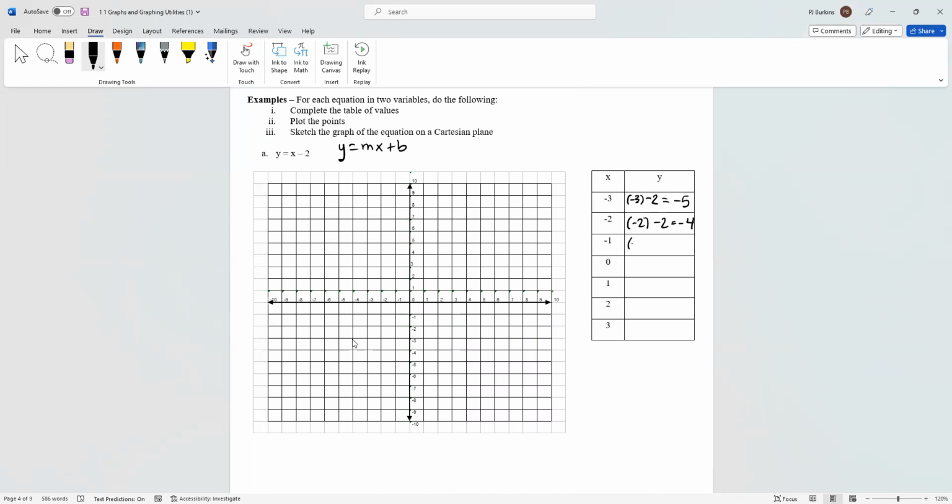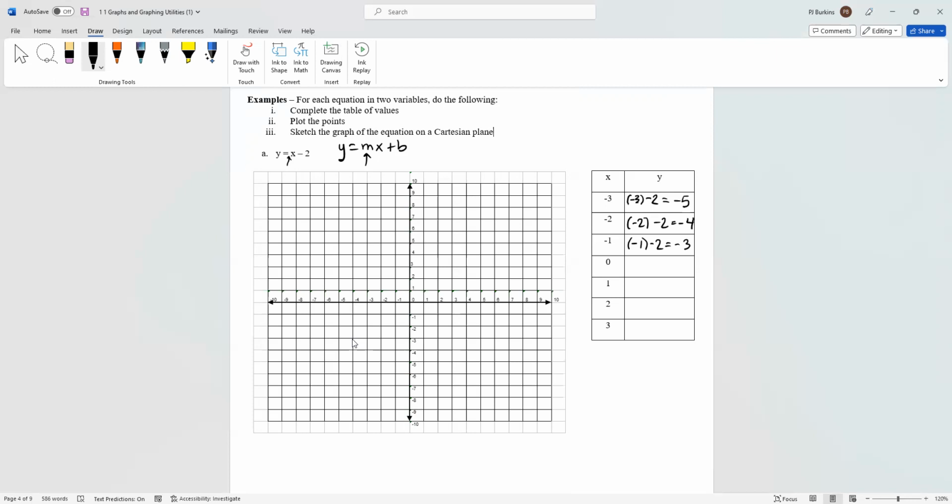So here we're plugging in -1 minus 2. That's -3. As you notice, our values of y are going up by 1. And if you look at the equation of our line, the slope is the number in front of x. In our case, it's a 1. So that's why we're going up by 1.